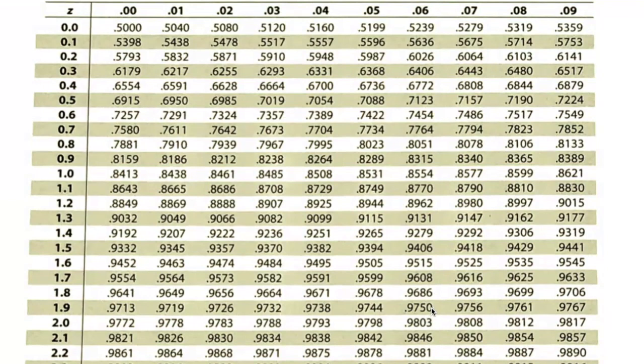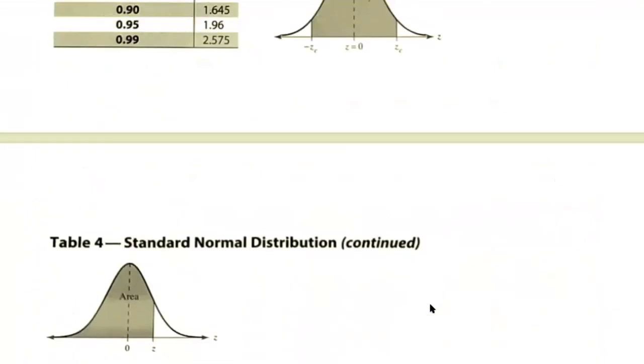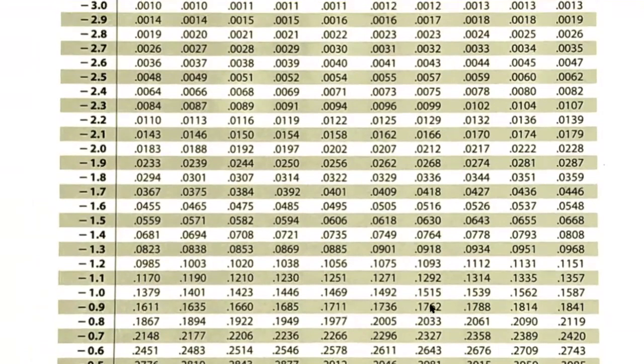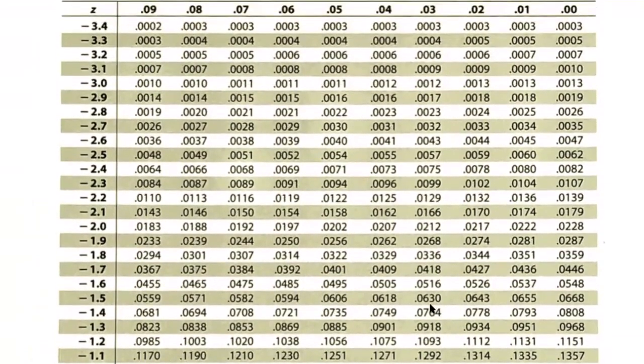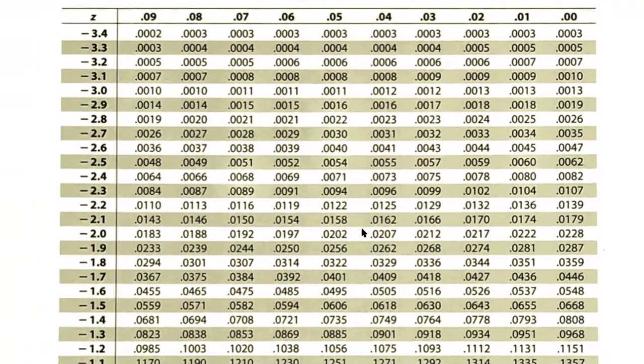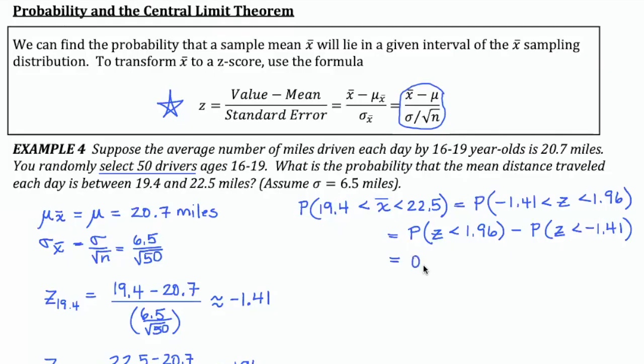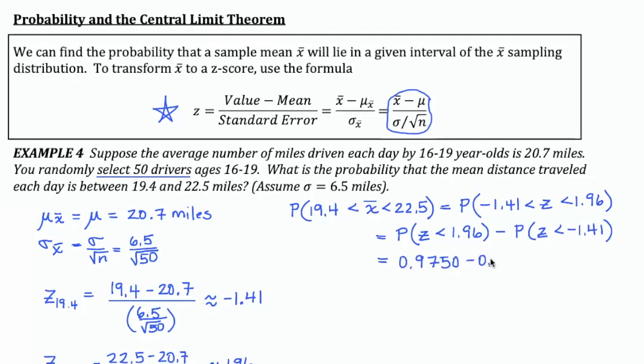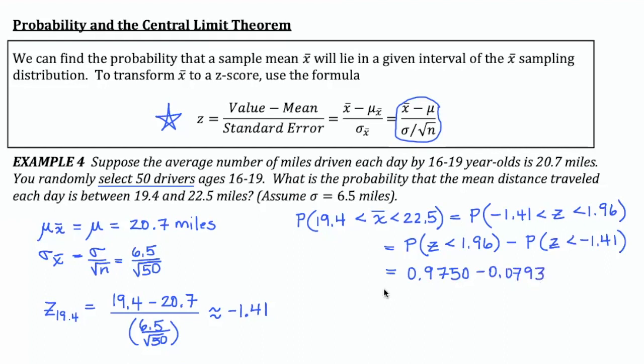Then to look up the second z-score of negative 1.41, I'm going to switch tables to the one that shows the negative z-scores, go to negative 1.4, and then go to the column labeled 0.01, which gives me the number 0.0793.